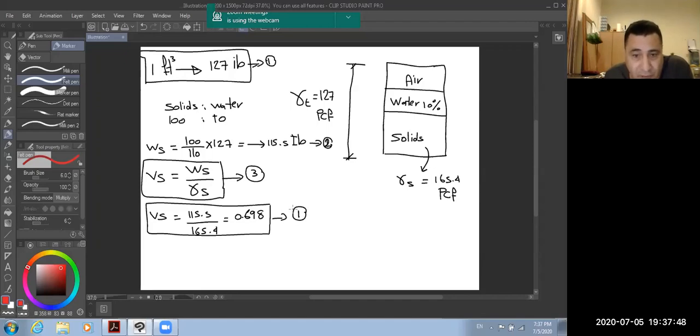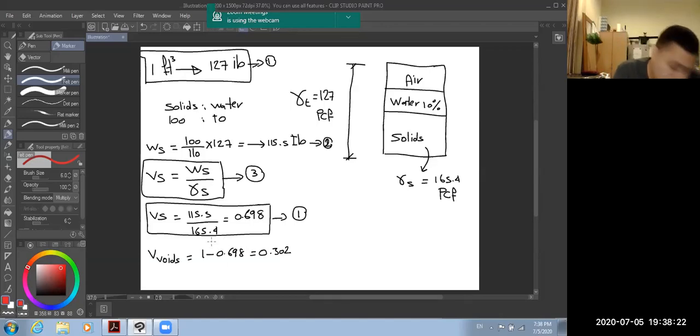It means the void ratio, the volume of voids, equals 1 minus 0.698, equals 0.302, I believe. Yes.